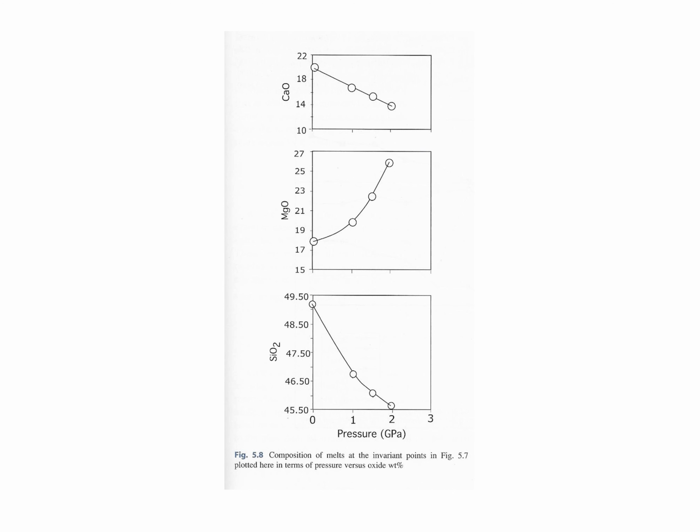Here we have the composition of melts at the invariant point, plotted in terms of pressure versus oxide weight percent. If you are looking at the diagrams before, at the surface, at a pressure of 1 atmosphere, that is at point D. Then we have here point B.